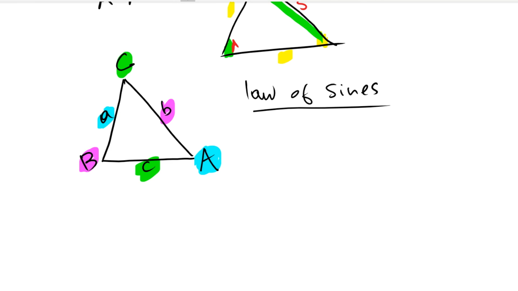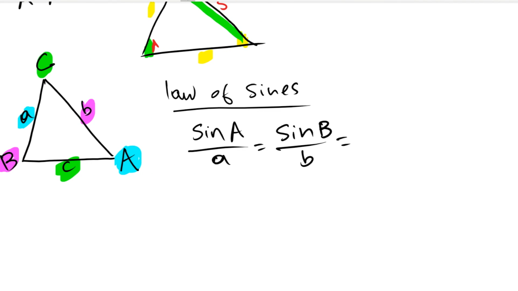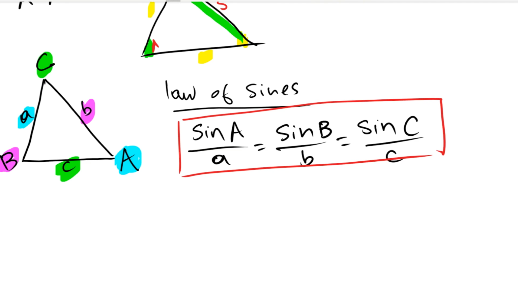So basically, the law of sines is sine of the angle A over the opposite side, is equal to sine of the angle B over the opposite side, and is equal to sine of angle C over the opposite side. This is the formula for the law of sines that you've got to use.